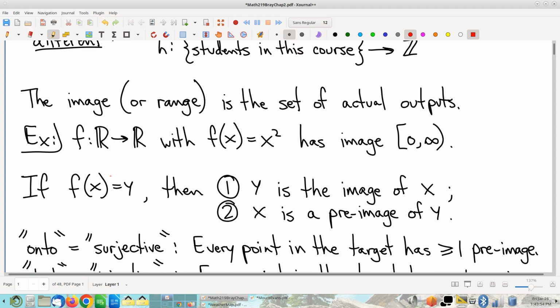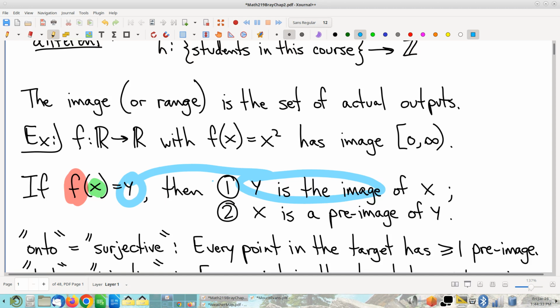If instead of wanting to know the image of the entire function, you just plug in one single input value, and you want to know what comes out of the function for just that one single input value, that single output is called the image of that input. So we've got to distinguish between the image of a function, which is all the possible outputs, versus the image of a single input value, which is the single output value.